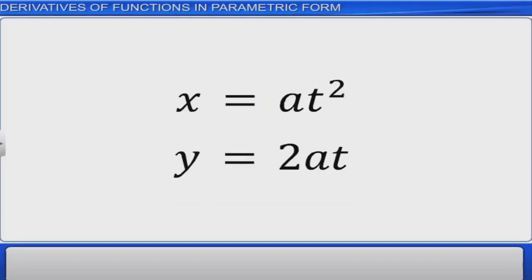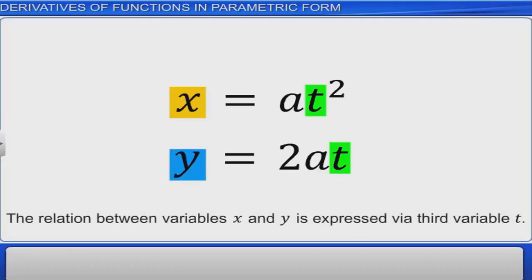Consider two relations, x is equal to at squared and y is equal to 2at. Clearly, variables x and y do not have a direct relation. However, they depend on a third variable, t. Thus, we can say that the relation between variables x and y is expressed via the third variable, t.